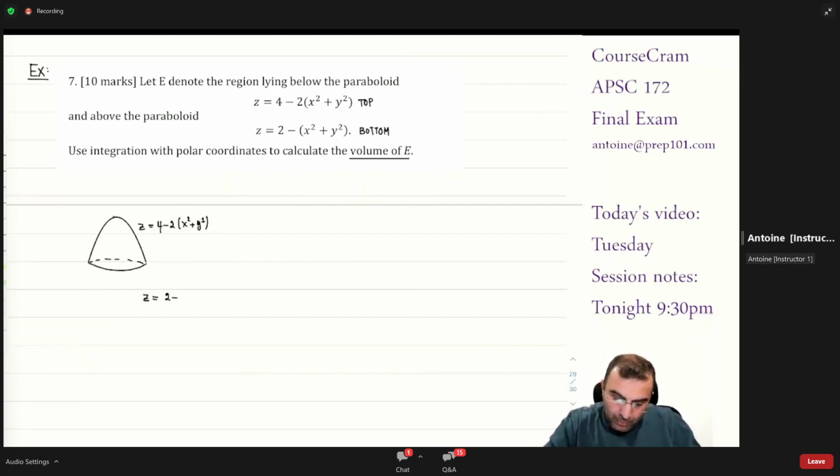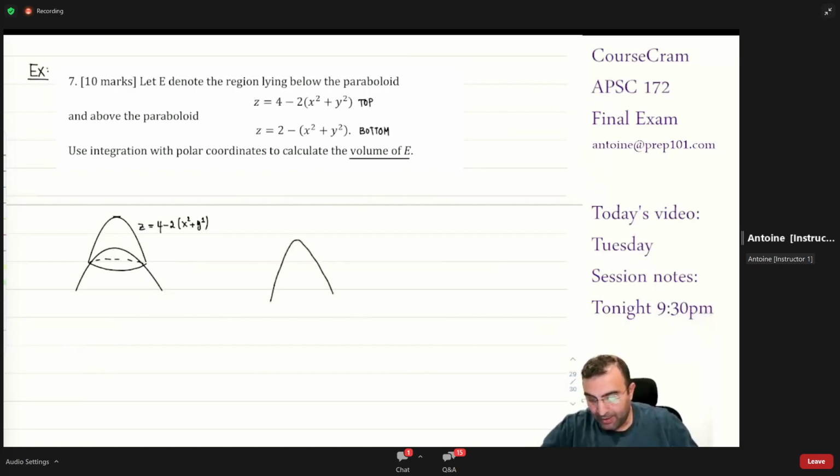One of them will hit here at 4, one of them will hit here at 2, by the way. The graph looks like this. Both of them are a parabola. You have a narrow paraboloid and you have a wide paraboloid, and they will intersect like this.